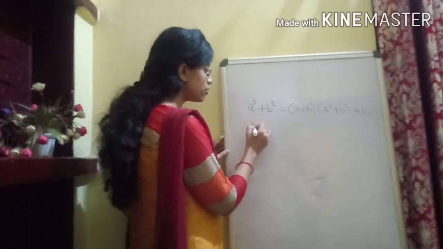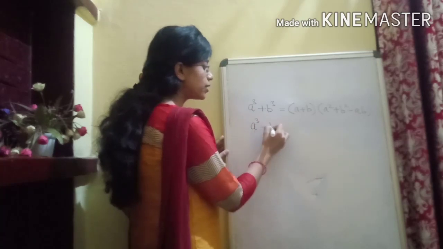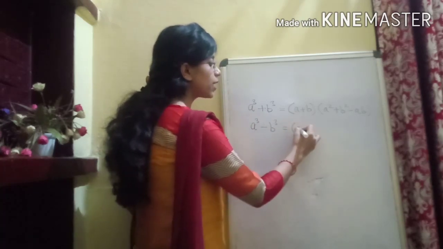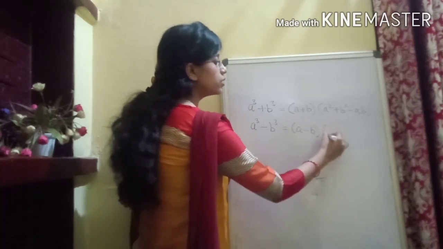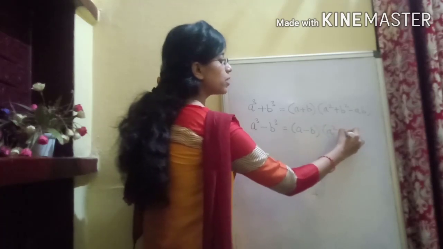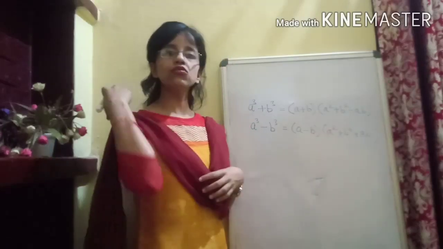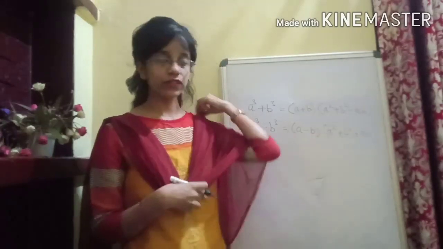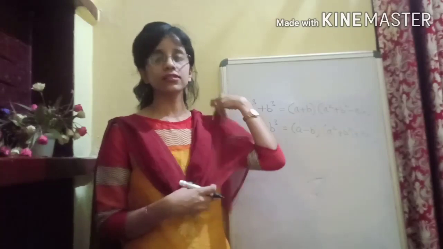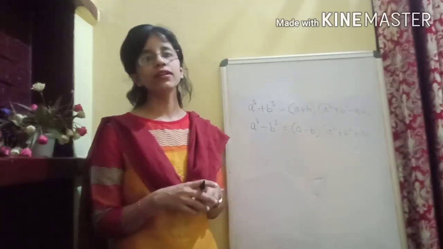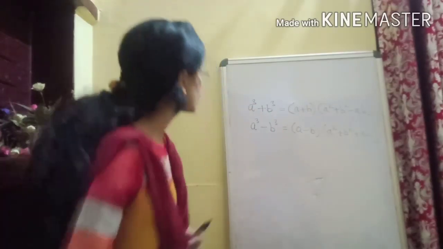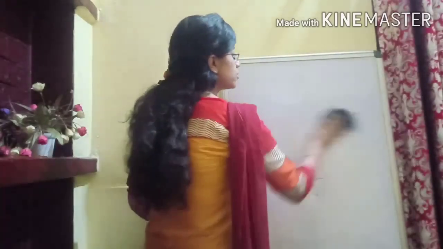Also we have an identity for a cube minus b cube, that is in one bracket a minus b, another bracket a square plus b square plus ab. Okay, so these two are the identities which we are going to use in our third exercise to factorize the given expression. Okay, so now let us see the questions.